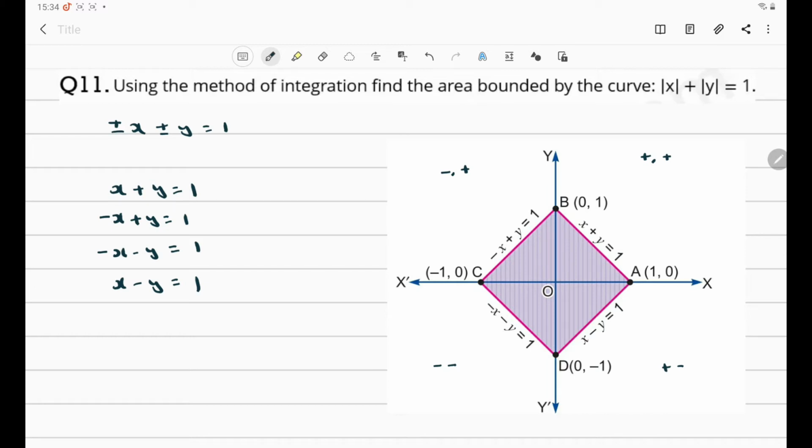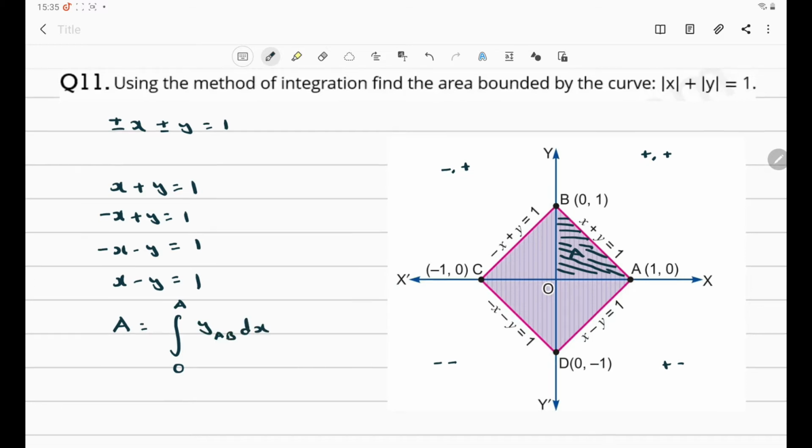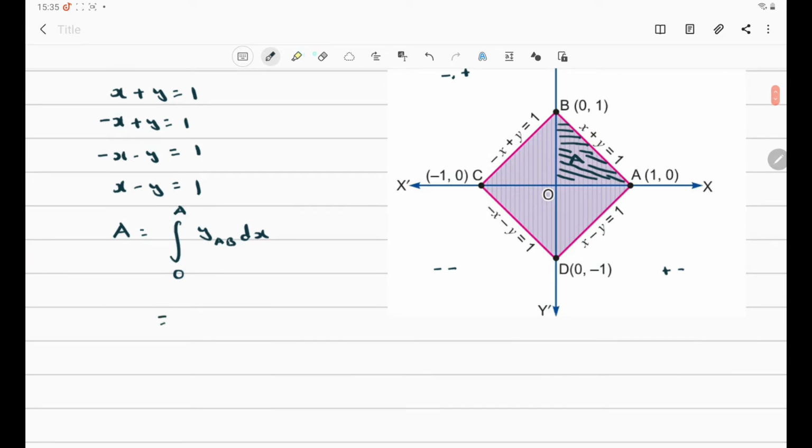So this area A, which is the area of triangle OAB, can be found by A equal to integral from 0 to 1 of y of the line AB dx.